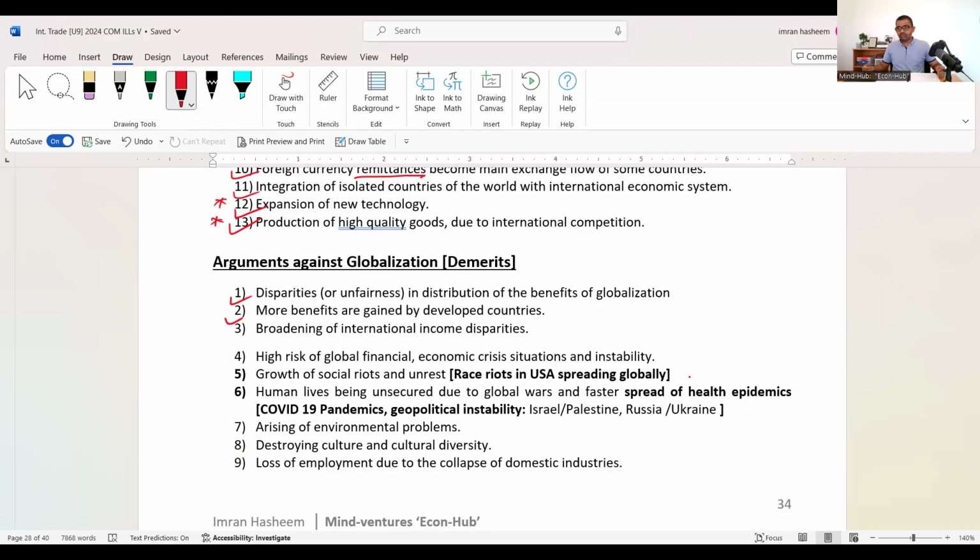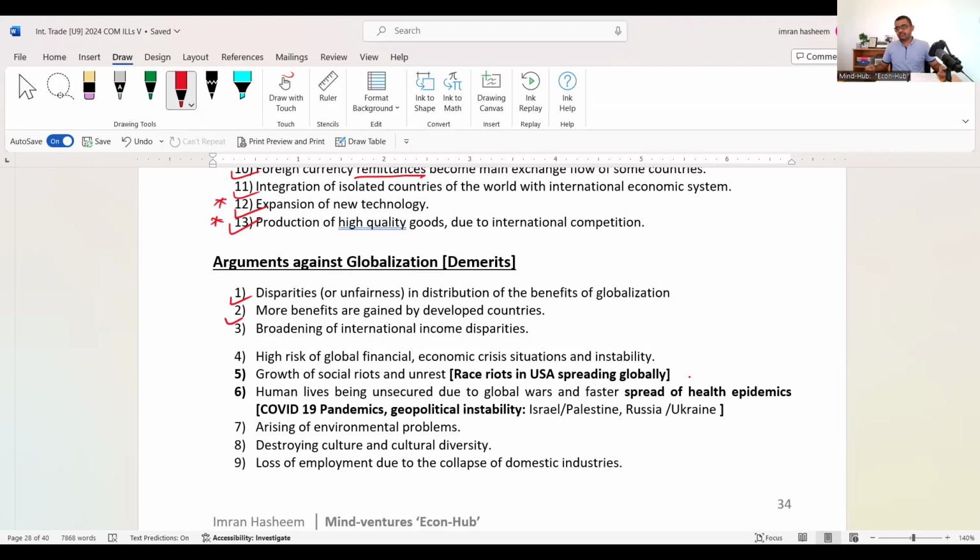Many Western countries have pushed the developing countries in the world to open up. We have put a lot of pressure on countries like China and Russia and many others to open up and become part of the global market, the global economy.